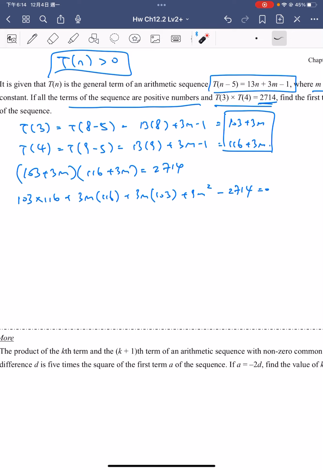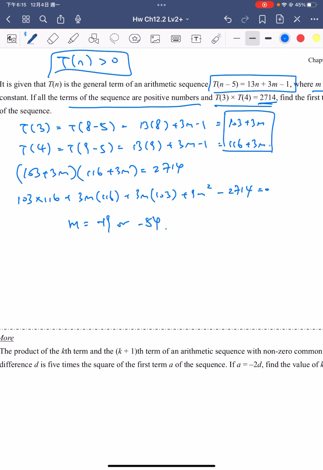So this is actually just a quadratic equation, isn't it? We have 9m squared, we have 3 times this plus 3 times this as the m coefficient, and then this one minus this one is the constant. So using the formula, we have m is going to be equal to negative 19, or m is equal to negative 54.